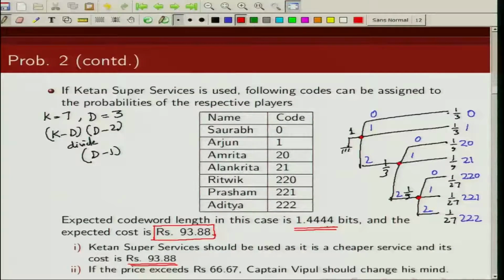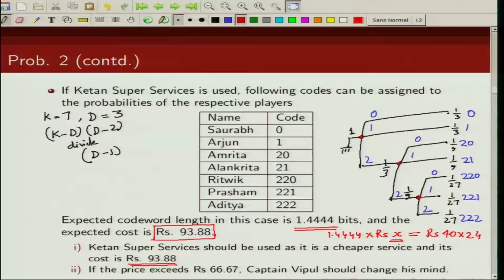So we know the expected code word length for ternary, which is 1.4444, into cost, let's say the cost is rupees X, and the cost of binary transmission is 40 and the number of bits is 2.4. So from here you can find out the break-even cost.